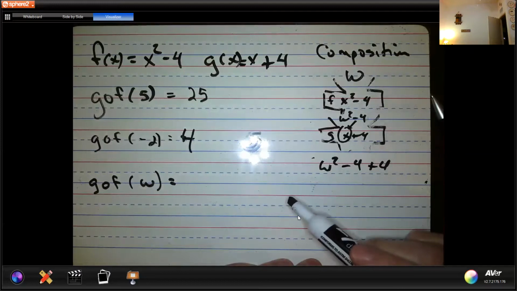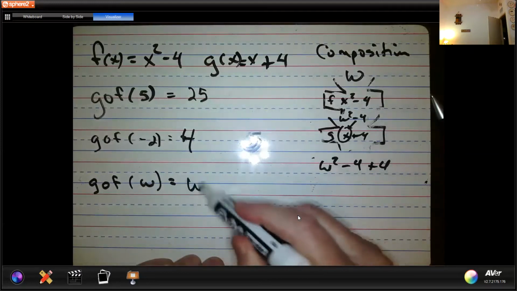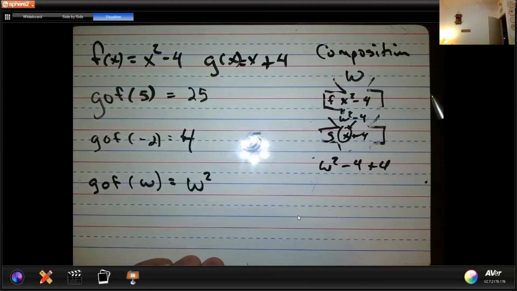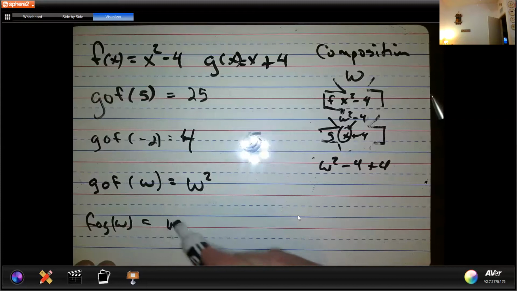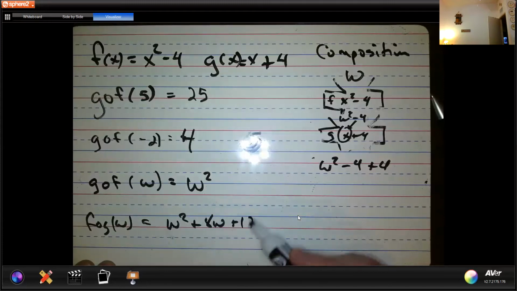What's that? That's just W squared. Ta-da! Now remember, F circle G is not the same, because when we did F circle G, we got W squared plus 8W plus 12, right? F circle G is not the same as G circle F. So just so you know.